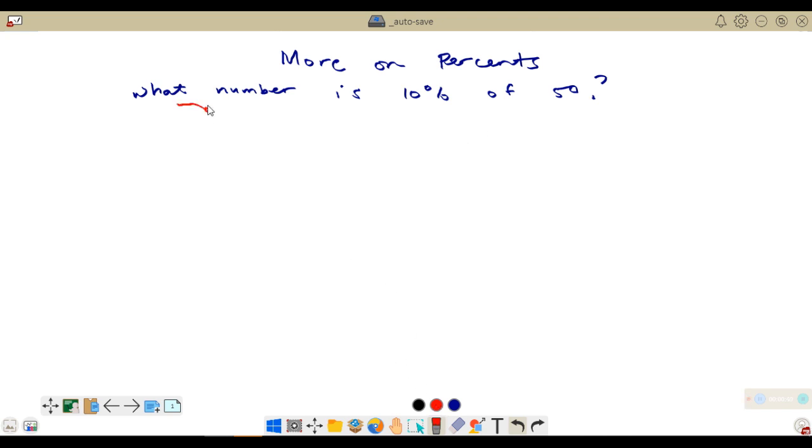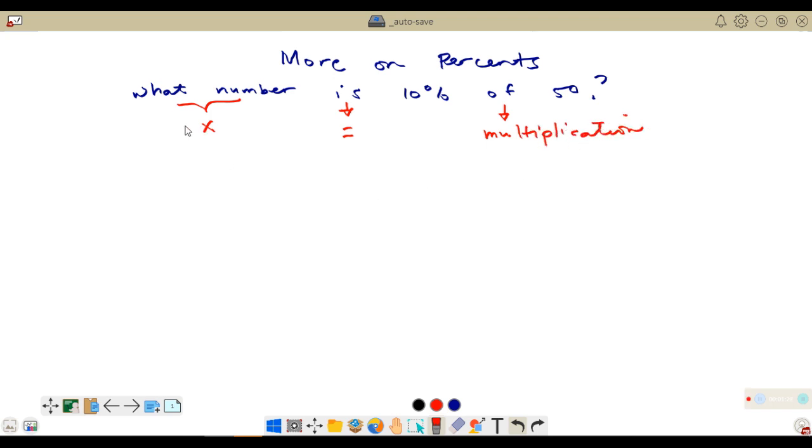If we are looking forward to writing this as an equation, what number, the number that we are looking for, can be represented by any variable, x or y or any letter that will serve as your unknown value. Next, we have the word is. Is corresponds to the equal sign. And then of corresponds to the operation multiplication.